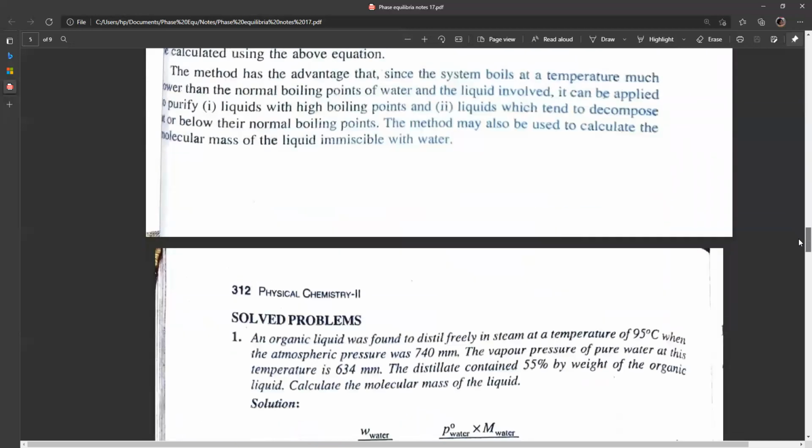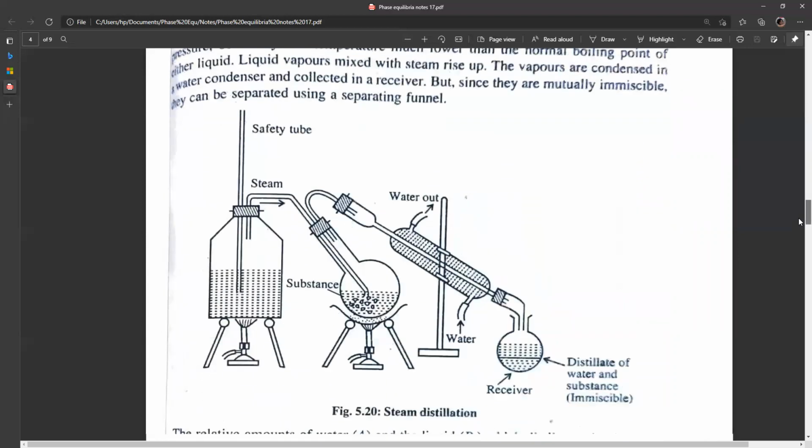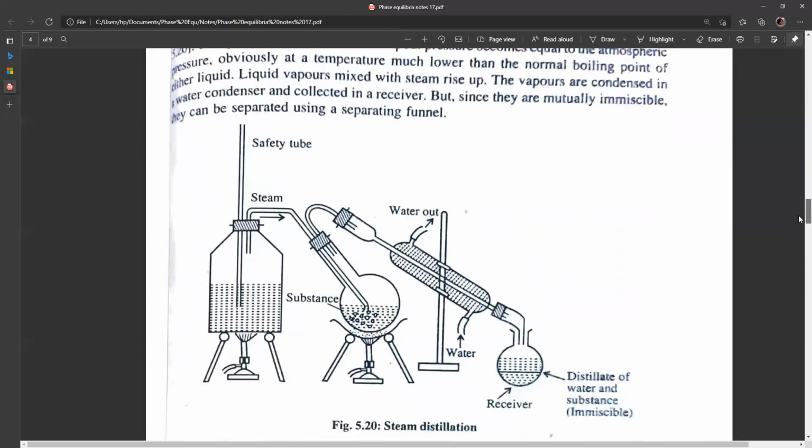At first, this is the apparatus to show steam distillation. Here on the left side you can see a bottle containing water, and by boiling this water we are producing steam.